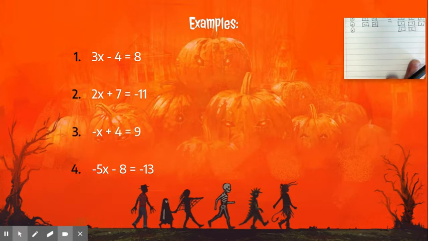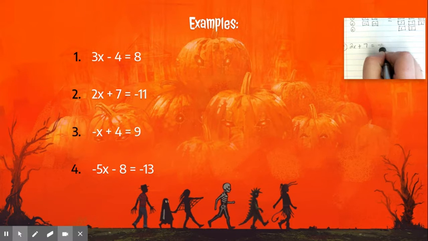So let's do number 2: 2x plus 7 equals -11. Okay, 2 x's, so I have 2 circles, plus 7 squares. Those are all positive, right?